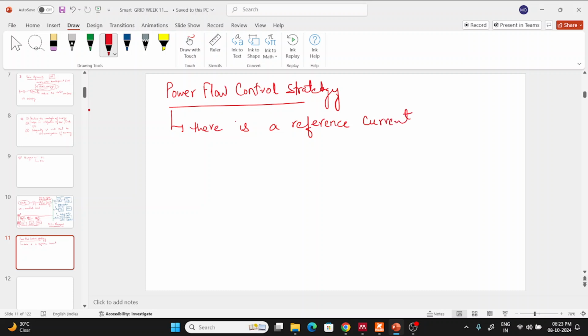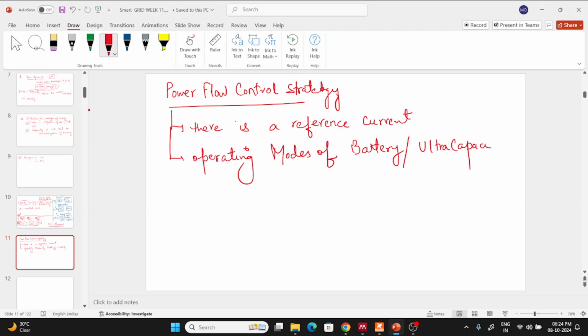Based on that reference current value, the operating modes of the battery and ultra capacitors will be decided.